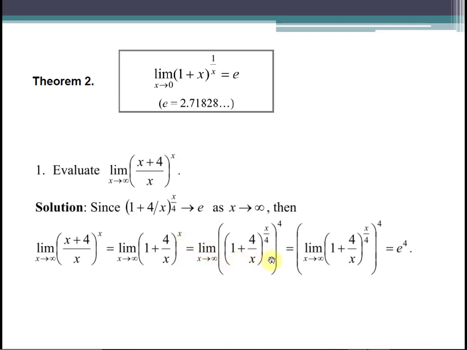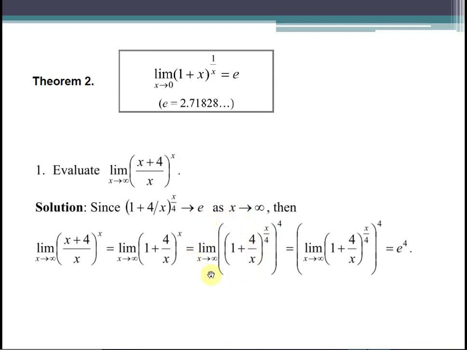Now this should be the same as the expression inside of these brackets. So here, the limit as x tends to infinity of 1 plus 4 over x. Now we will multiply and divide by 4 in the power, so it is x over 4 times 4. But here it gives us just the number e.